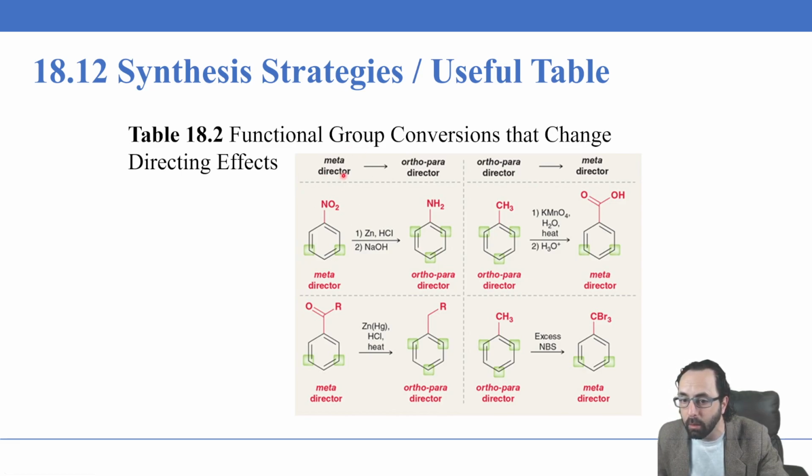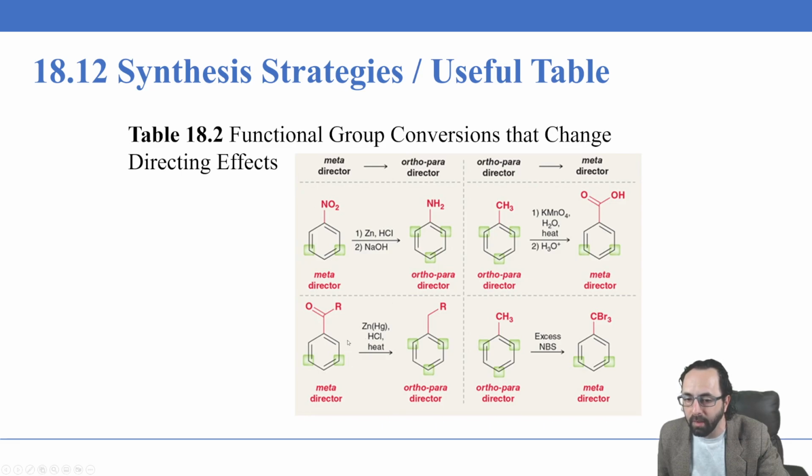If we need a meta director, here we would want to install a nitro group. However, if we reduce this nitro group using zinc and hydrochloric acid with sodium hydroxide, as we discussed, we can get an amino group, which is a strong activator and an ortho para director.